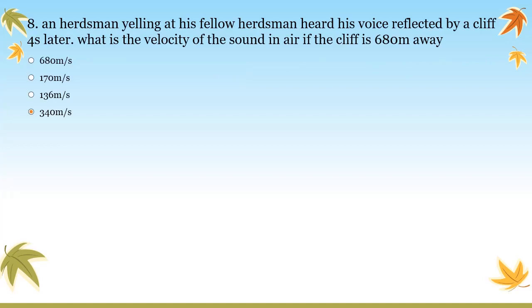8. A herdsman yelling at his fellow herdsman heard his voice reflected by a cliff 4 seconds later. What is the velocity of sound in air if the cliff is 680 m away?